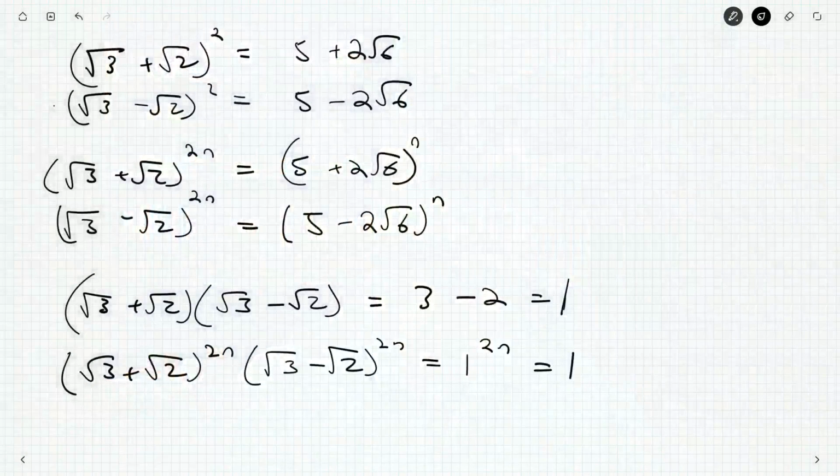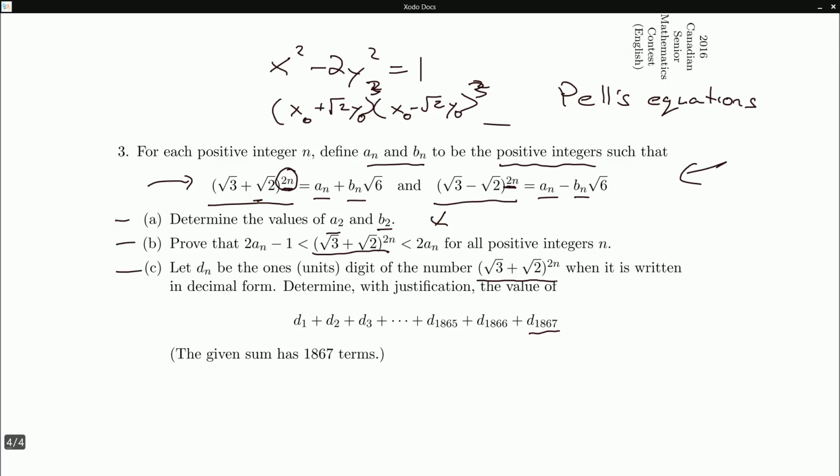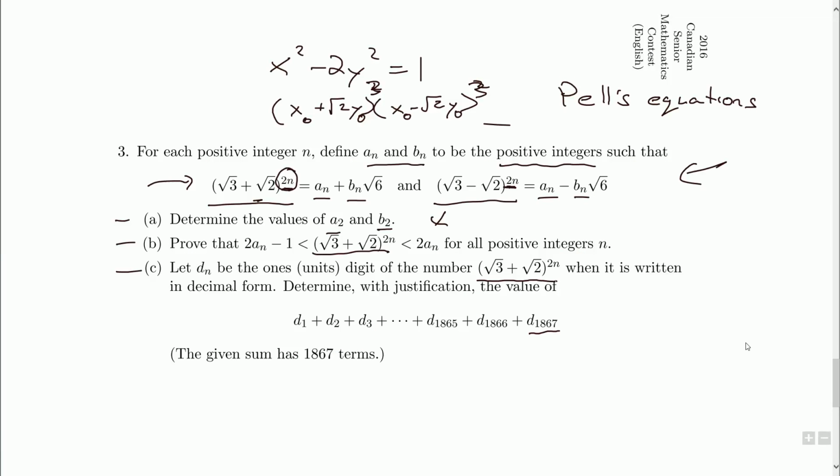Well, let's go back a moment. You'll notice that in both B and C, they're talking about root 3 plus root 2 to the 2n. And in A, to get A2 and B2, we only really need to consider this first equation. So the question has to be asked, why are they even bothering with this one?